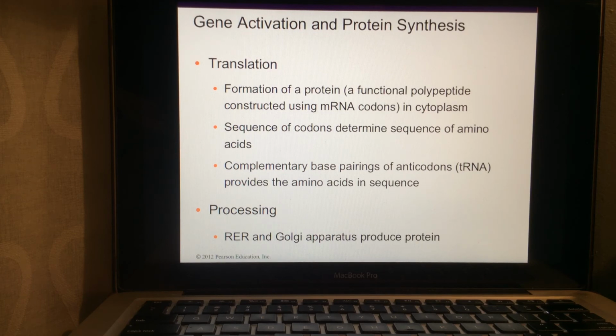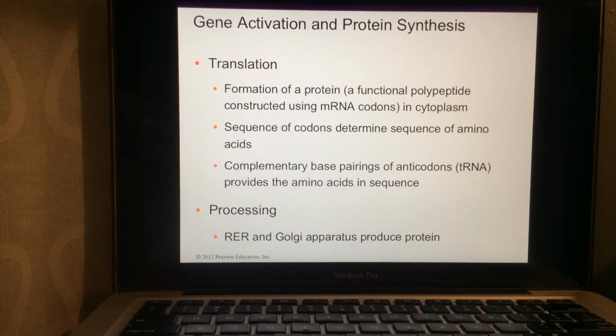Protein is that functional polypeptide constructed using the messenger RNA codons, those 3 units. And the sequence of these codons or triplets are going to determine the sequence of amino acids. And these complementary base pairings of anticodons, so the message that we translate, will provide the amino acids in sequence. And so the whole process will have the rough endoplasmic reticulum and the Golgi apparatus producing the protein and packaging the protein.